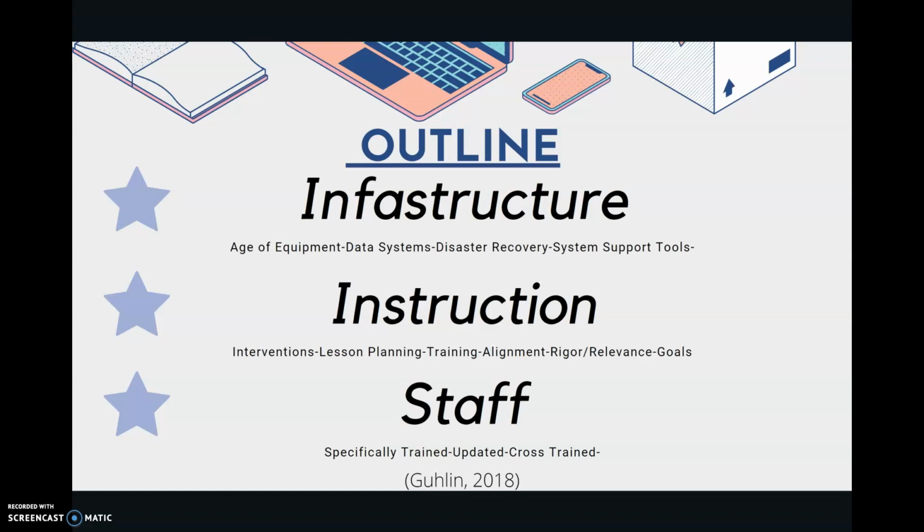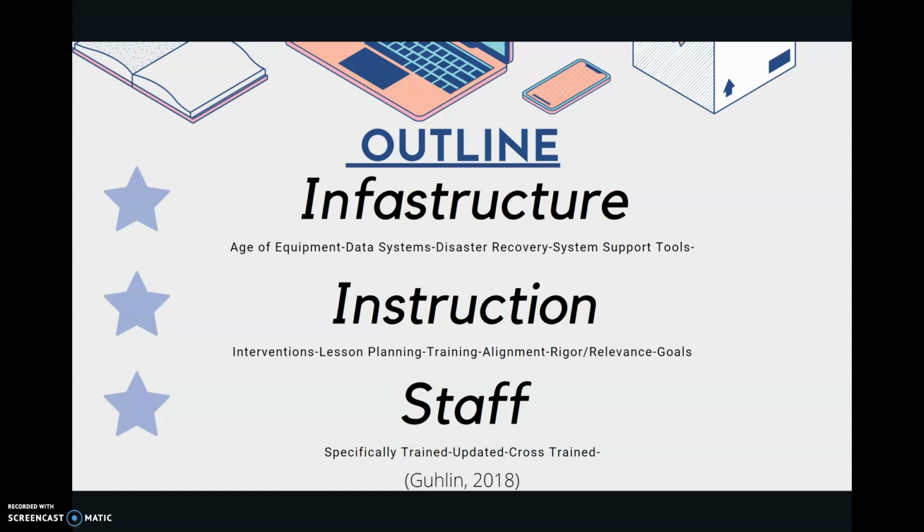And then for the staff, this is the staff that's going to be managing the technology updates and the oversight of all of the technology as we go on. They need to be specifically trained, so we're not just having one or two people that can do everything, but the whole group needs to be able to manage and collaborate to fix issues.